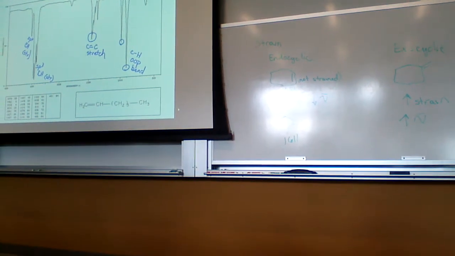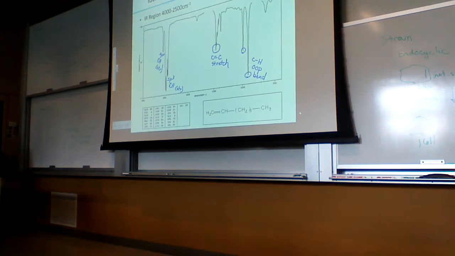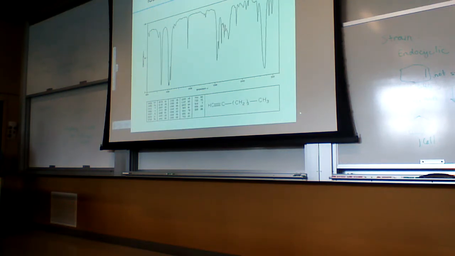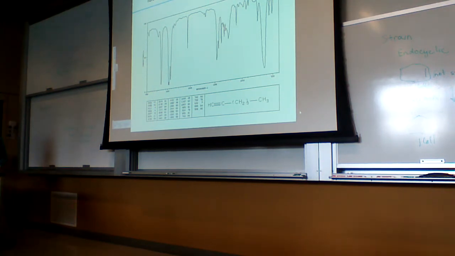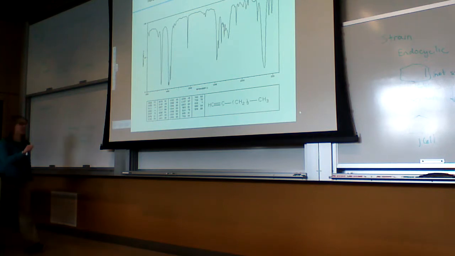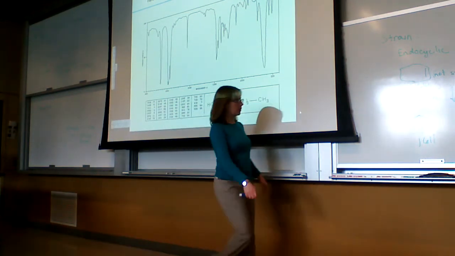Any other questions? Okay. What about triple bonds? Well, pretty much just very simple analysis here. We're going to look at the CH bond and then the triple bond. Pretty much exactly the same that we've seen in organic before.